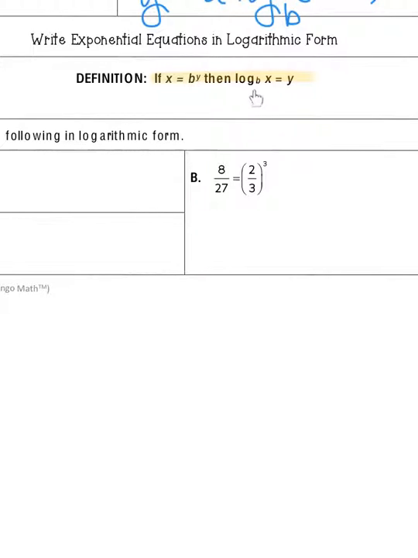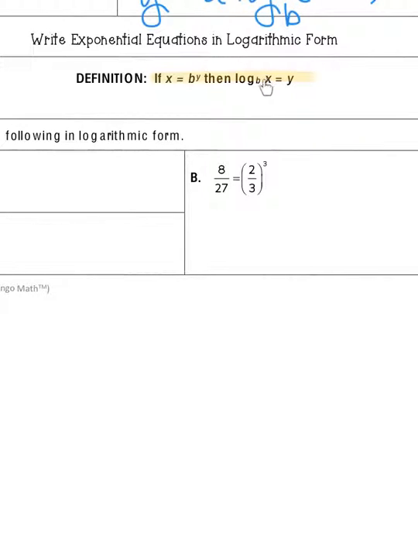Notice that both of these have the same number that we're using for a base, this b. So the base in our log and the base in our exponential function always remains the same. What changes is, notice that the x, which is our answer, switches to what looks like an exponent here, or vice versa. So you notice that these switch.